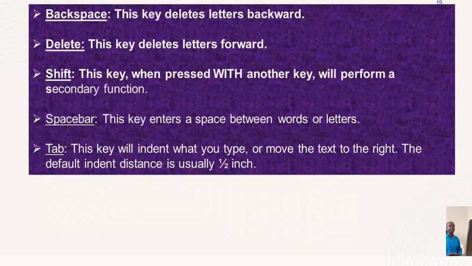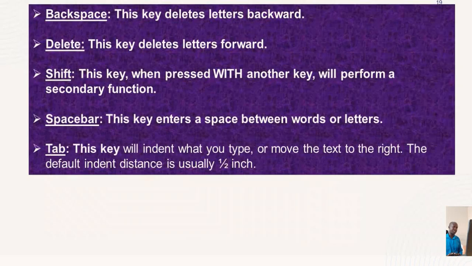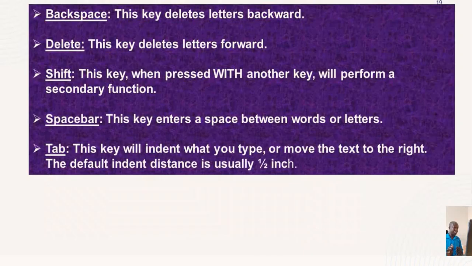Okay, touchpad. Backspace deletes letters backwards. Delete, the key that deletes letters forward. Shift, and then we have the space bar, and then we have the tab. All are elaborated as you can see.